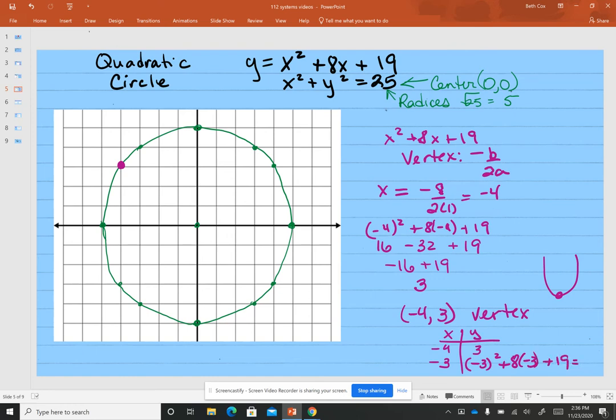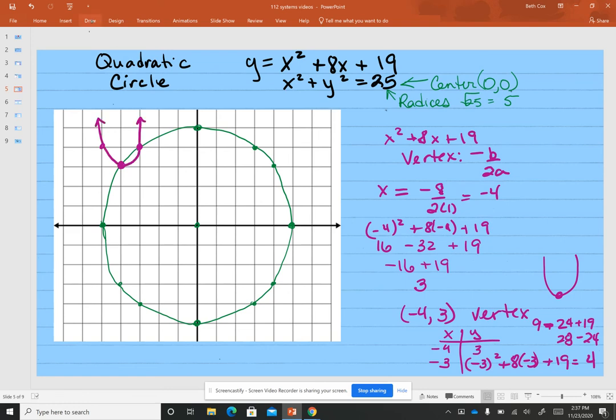And if I do that on my calculator, I get 9 minus 24 plus 19. 9 plus 19 is 28, and 28 minus 24 is 4. So I get this point right here. So my parabola looks like this.